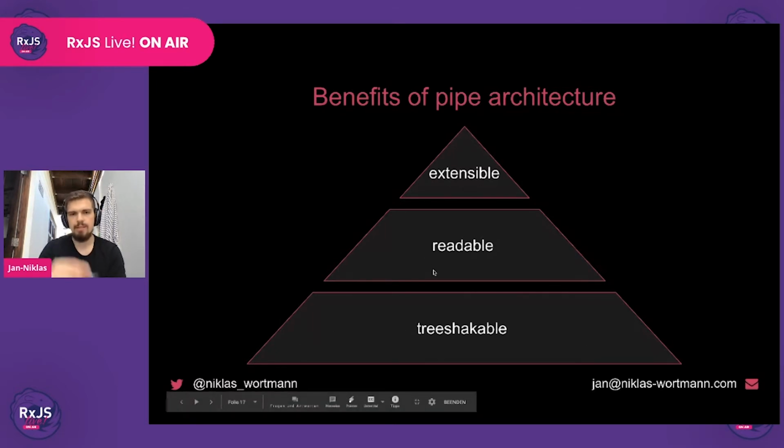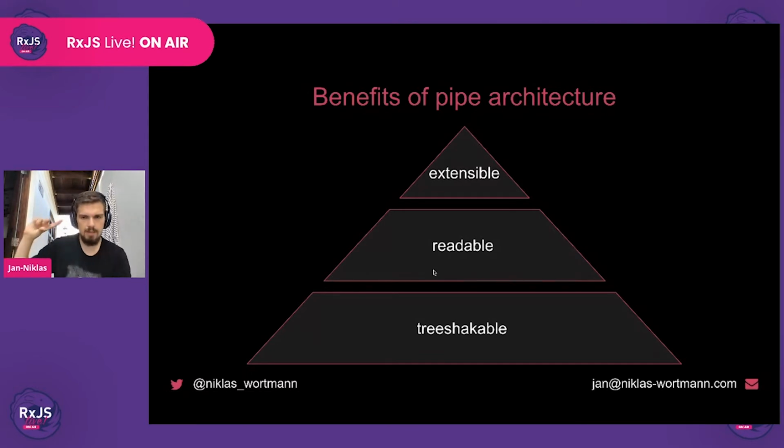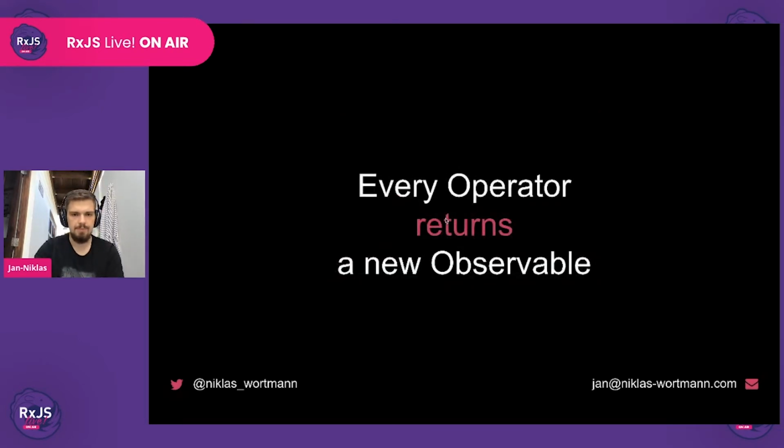From my point of view, at least compared to the inverted function calls, it's also way more readable. And another nice benefit that we didn't mention so far is that it boosts extensibility in general. So it's way easier now to write custom operators than it used to be. We will take a look into this more in detail later.